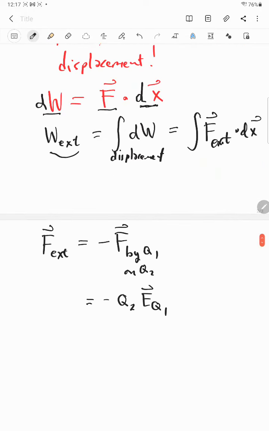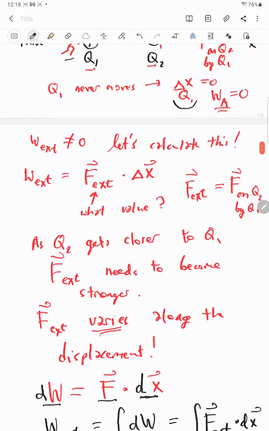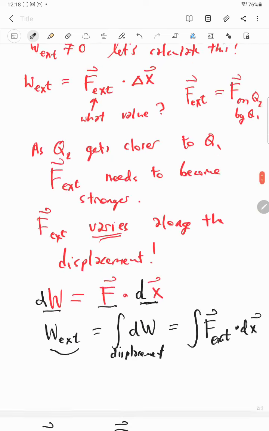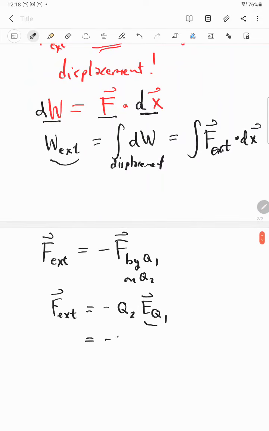So we'll write it this way, right? So the external force that's required in order to do this is equal to negative Q2 times the electric field of Q1. And the electric field of Q1, over at the location of Q2, points up the x-axis towards the right. So this is negative Q2 times k Q1 over the distance squared times i hat.